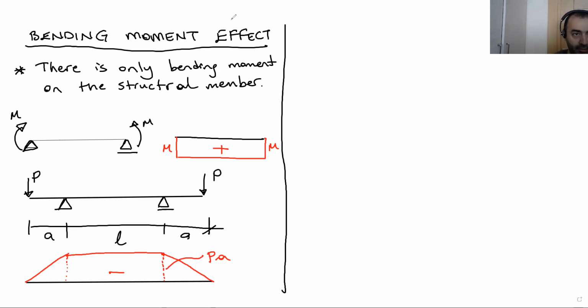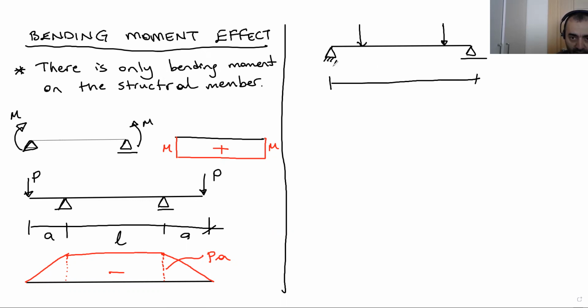Another example for this case is here. This is the simple beam with a pin and roller support. I have 2 point loads on the member, which have equal distances from the supports. For example, as you can see, this distance and this one are equal to each other.